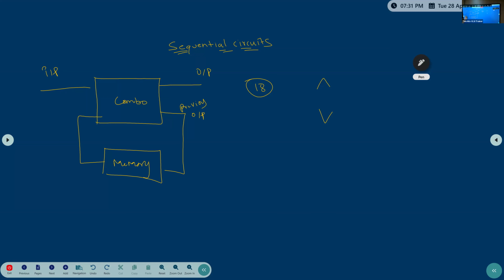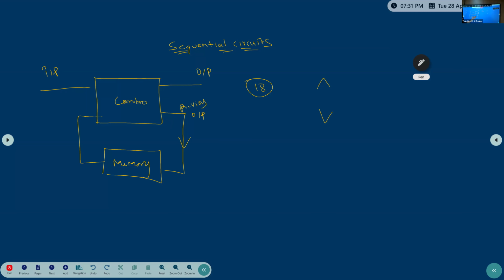If someone asks what is the difference between a combinational circuit and a sequential circuit: one is the memory element. Second is the feedback we give. Third, sequential circuits depend on clock control.